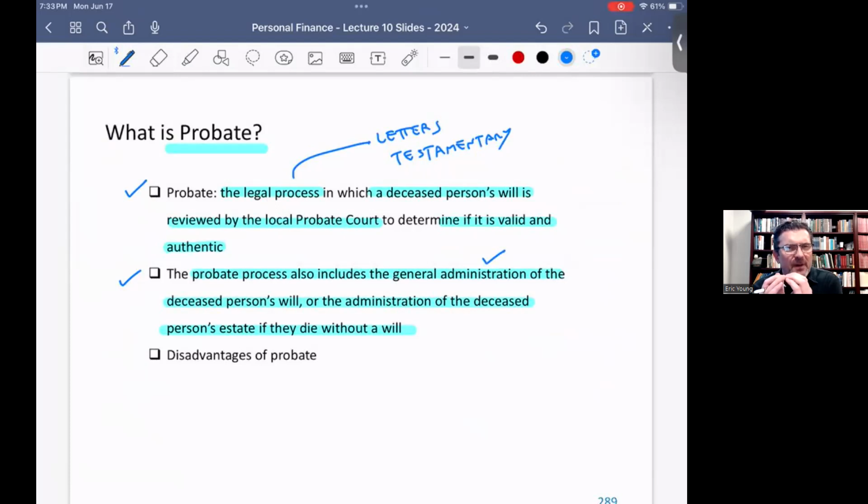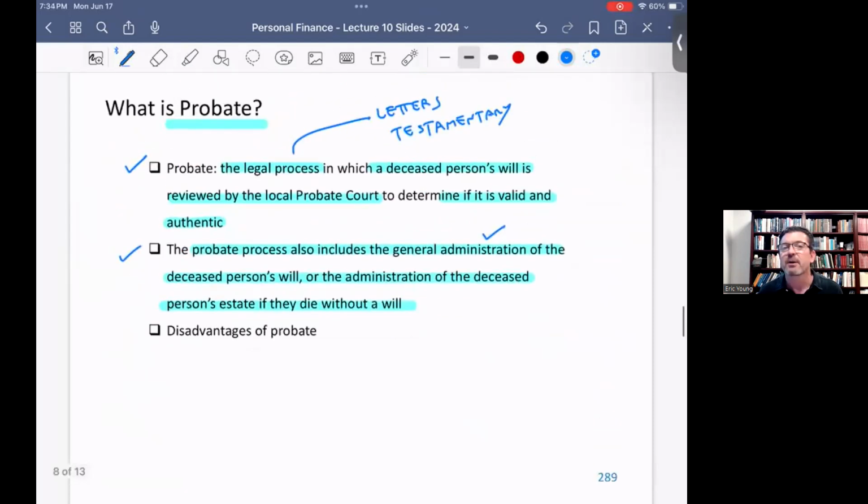So again, from the very technical legal perspective, probate is when the court approves the will as being legitimate, valid, and authentic. But from a more practical perspective, the term probate now also expands to mean the process by which your executor actually administers your will, pays your final bills, distributes your property, and wraps it all up.